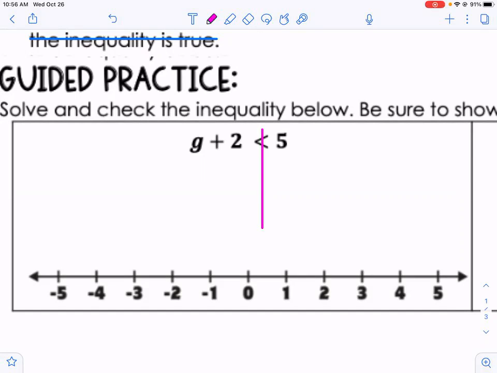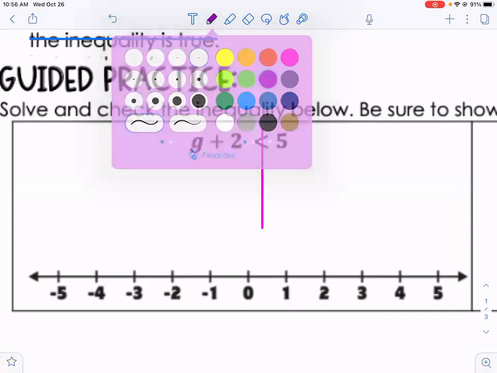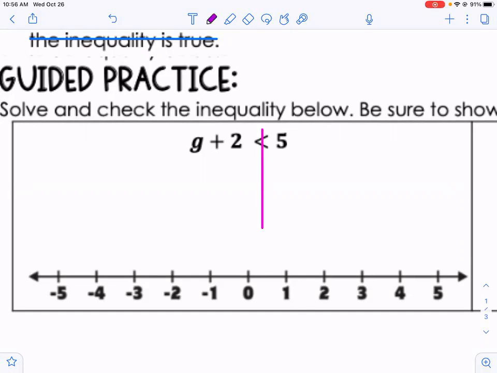Okay, so Tyler, what does your gut tell you? What should we do to both sides? Okay, since we have plus 2 right here, we need to undo the addition by subtracting 2 from both sides.